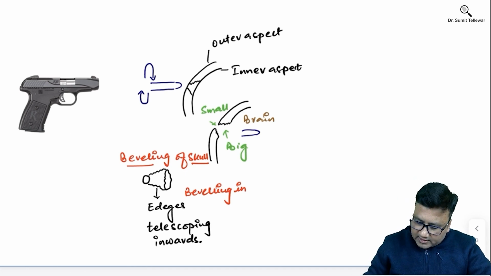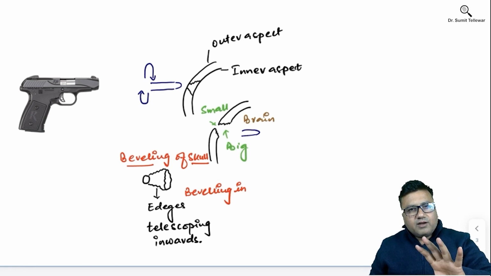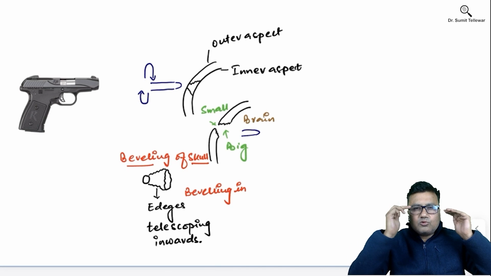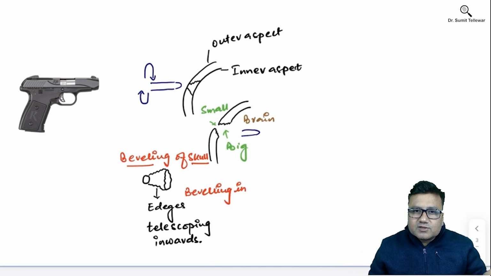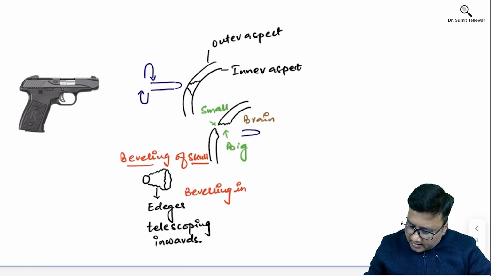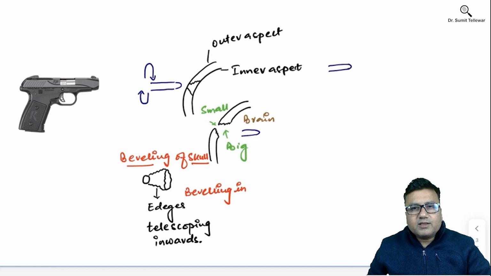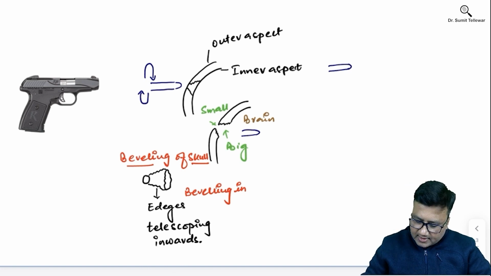Okay, so let's say the same bullet which has now moved into the brain creates a track through the brain to now exit from the other side of the skull. So here is the same bullet which is now in the brain space, and now it is moving out.